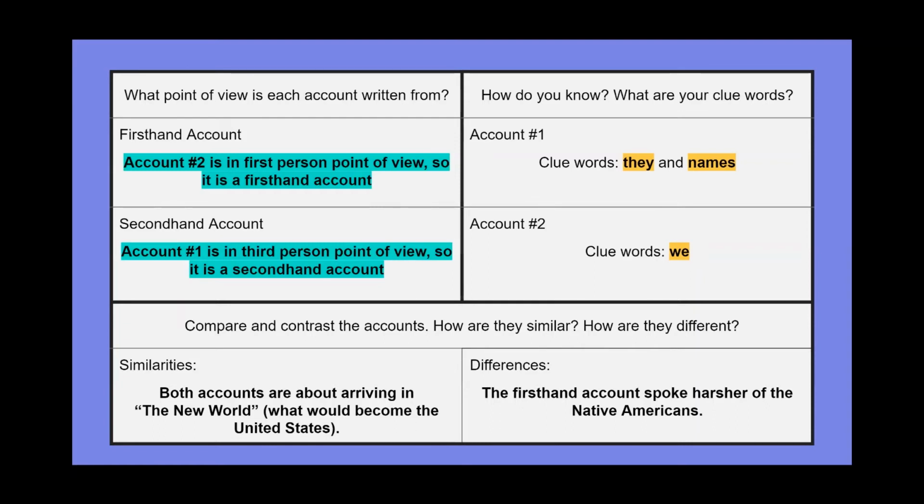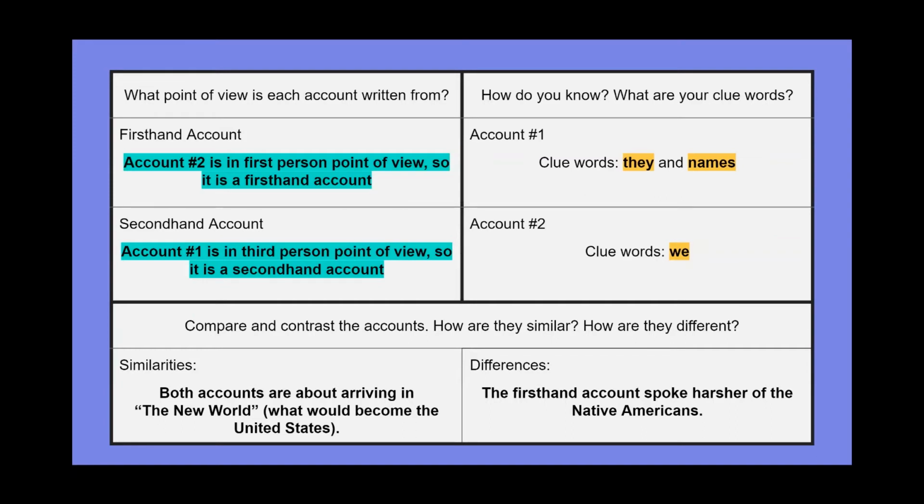And a difference that I found was that the first-hand account spoke harsher of the Native Americans than the second-hand account. Hopefully that helps you solidify a little bit more the difference between first-hand and second-hand account and how they can be similar and how they can be different.